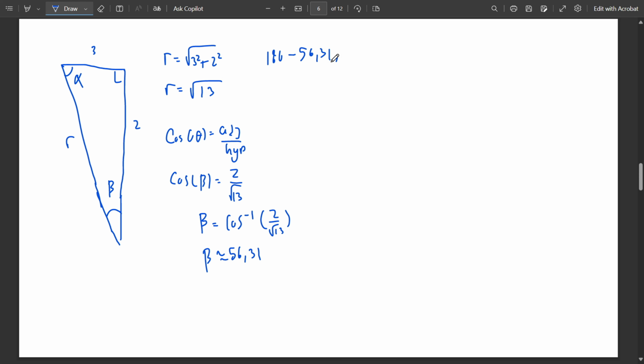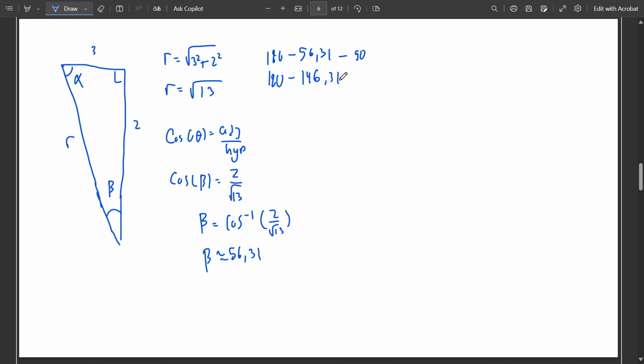And we can find our alpha: 180 minus 56.31 minus our 90 degrees is 146.31.